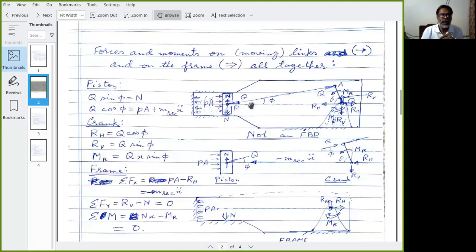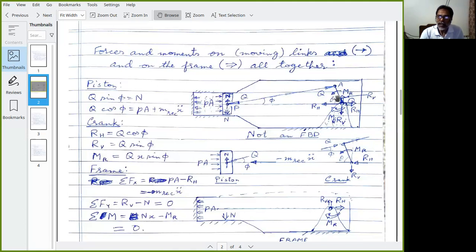And don't think that you have to bother about gravity, because gravity load is not dynamic. It always stays constant, acting in a particular direction. So you don't have to bother. For that matter, here also, while considering the vertical forces, we did not bother about weight.